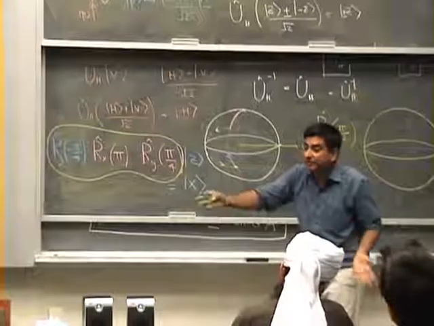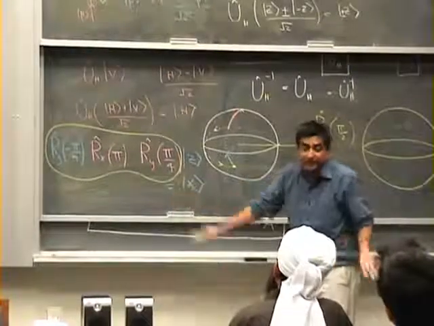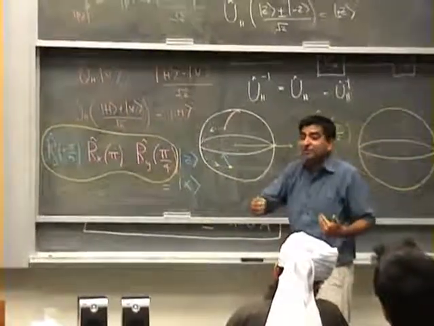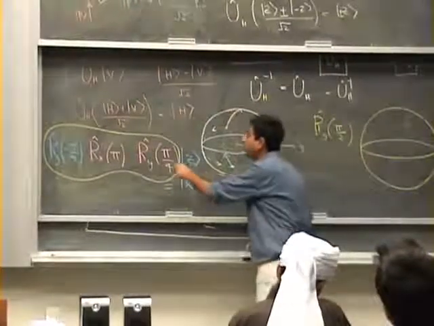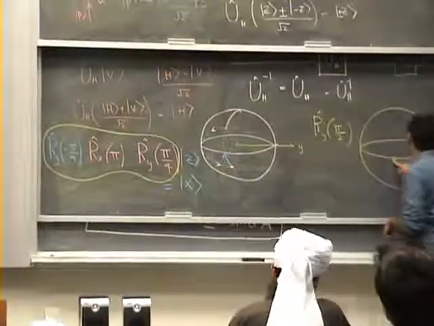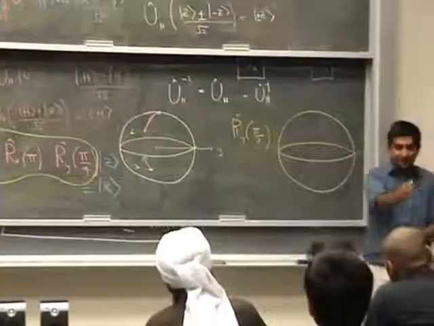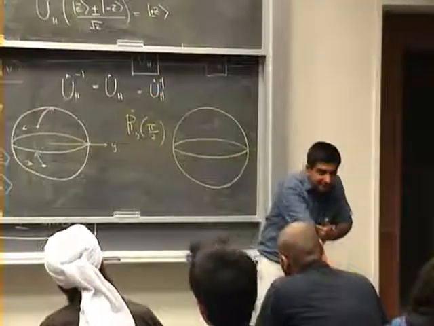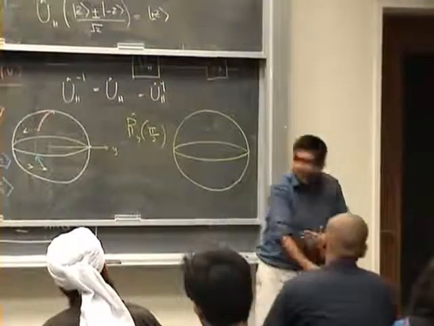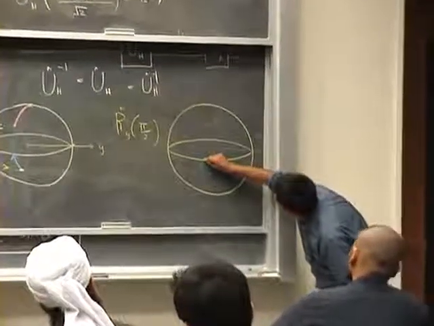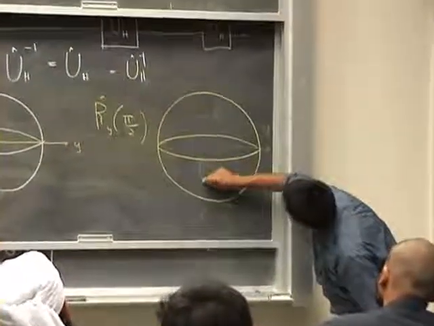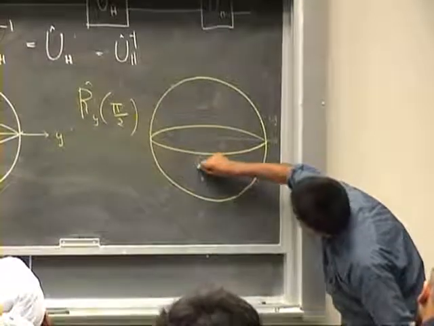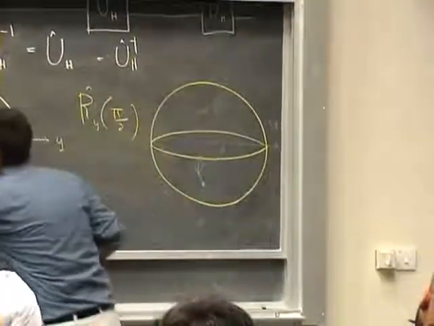I don't want to change my sequence of operations with different states. My sequence of operations must be universal. So I do a 45 degree rotation about the y-axis. Now this is my y-axis, I'm here. Wait, I end up in the southern hemisphere. Through 45 degrees, I end up here, right? This is the first operation. Number one.